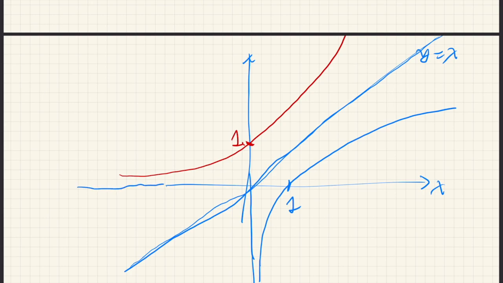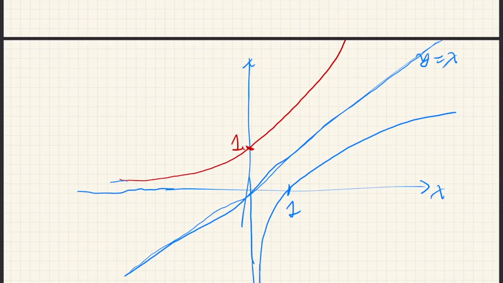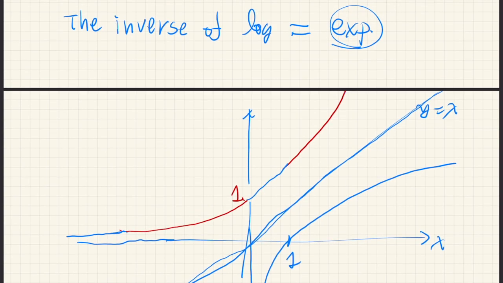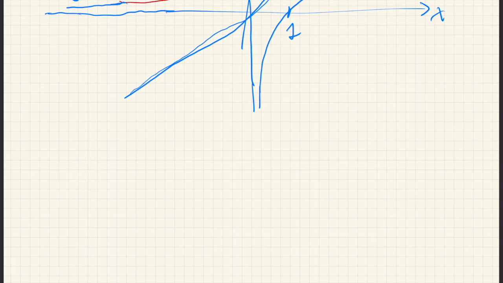As x goes to negative infinity, this inverse function, called exp, the exponential function, converges to 0. And as x goes to infinity, this inverse function diverges to positive infinity. So this inverse function exp is a function from real numbers to positive real numbers.